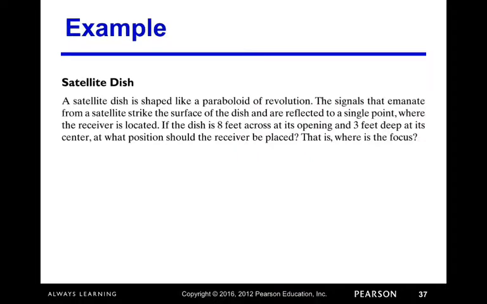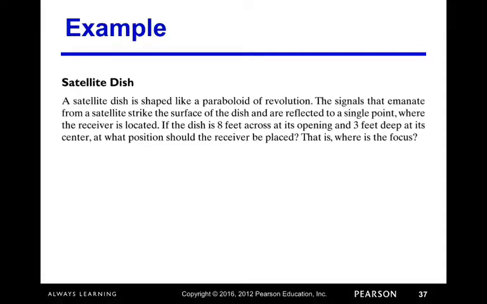Okay, so here's a satellite dish. It's shaped like a paraboloid of revolution. The signals that emanate from a satellite strike the surface of the dish and are reflected to a single point where the receiver is located. If the dish is 8 feet across at its opening and 3 feet deep at its center, at what position should the receiver be placed?